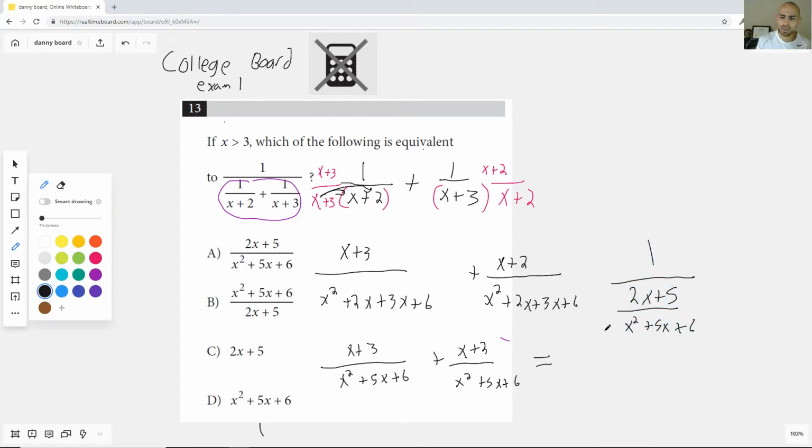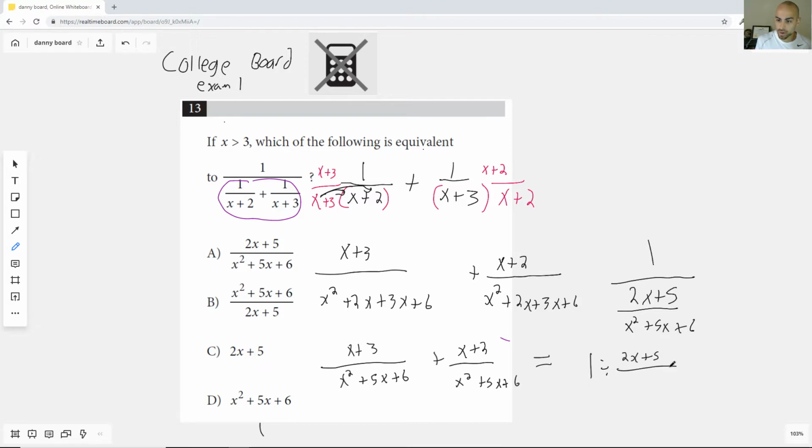That's pretty complicated. Well, not really, if you remember that fractions are just division problems in disguise. So it's 1 divided by 2x plus 5 over x squared plus 5x plus 6. Which is then keep, change, flip when you're multiplying or dividing fractions.